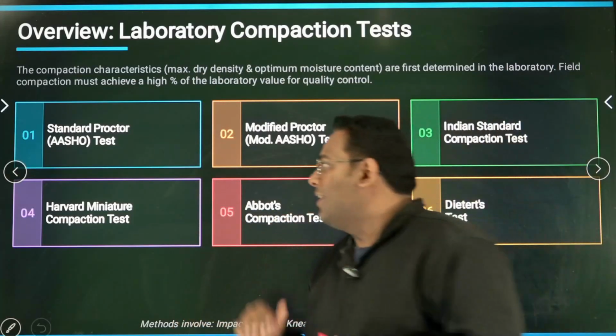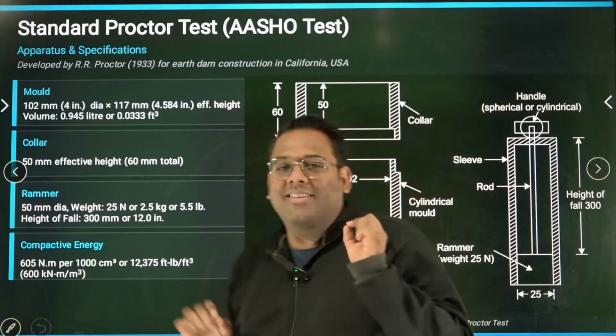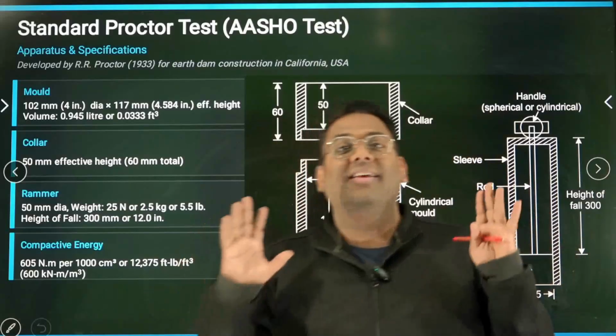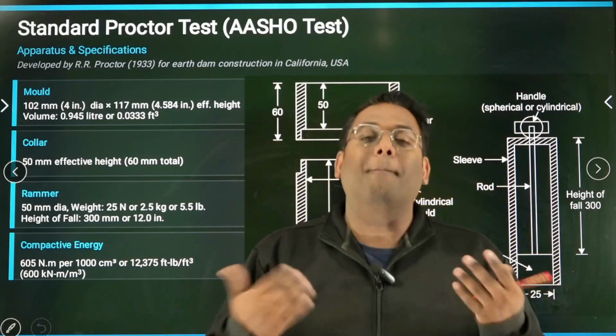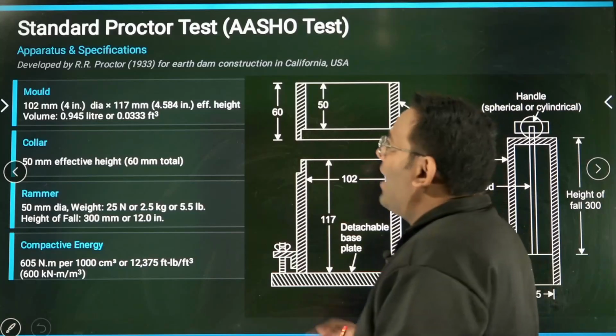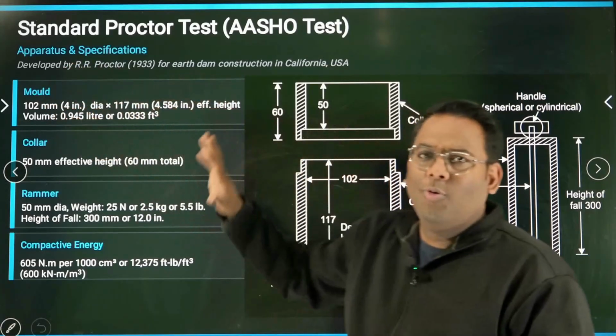So let us see the first one. What is the first one? That is the standard Proctor test, and it is the most widely accepted test for the compaction of soil. It says that you have to take some mold. What is the size of the mold?